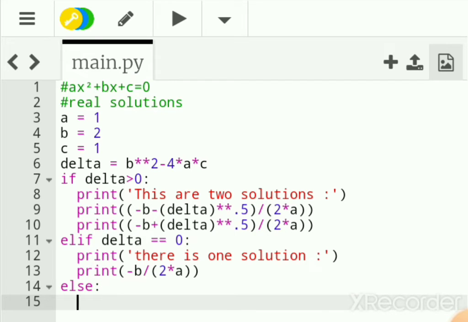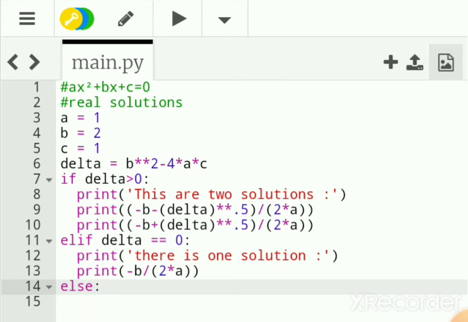This is for the last condition. But if we have other conditions, we can repeat elif. So remember, if and else we do not repeat them. If is always the first condition, else is the final condition, but in the middle we can write as many elif as we want.